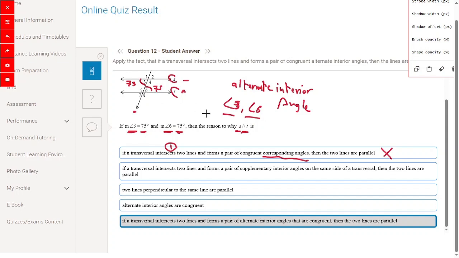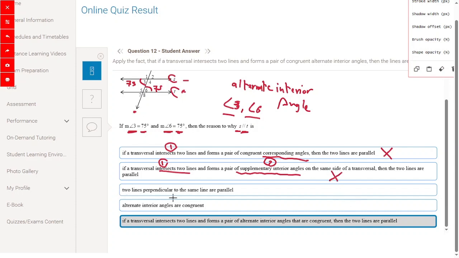Now, second one, if a transversal intersects two lines, this is condition number 1, and forms a pair of supplementary interior angles. This is condition 2. But did the question give us any details about supplementary interior angles on the same side of the transversal? No. So this answer is wrong.